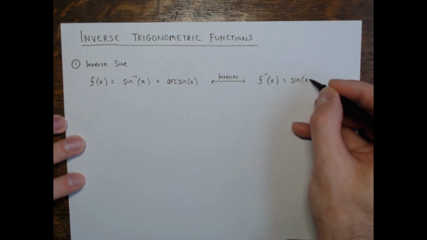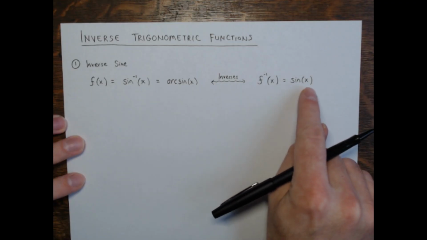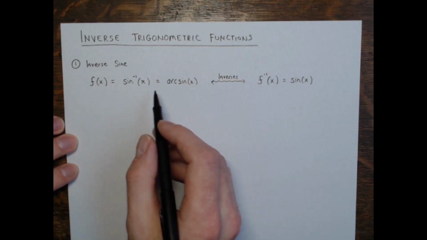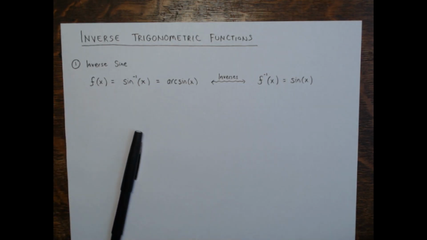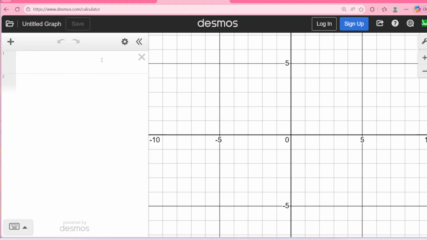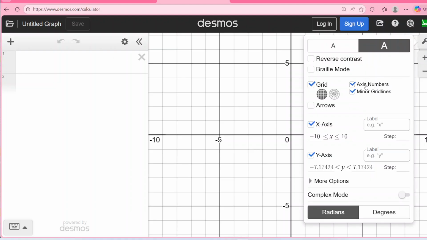So just plain old sine of x over here. Now, to remind you of what the graph of arc sine or inverse sine of x looks like, make sure you're in radians, so the input's going to be a value and the output will be in radian measure.